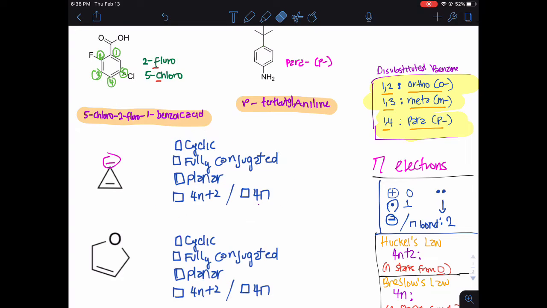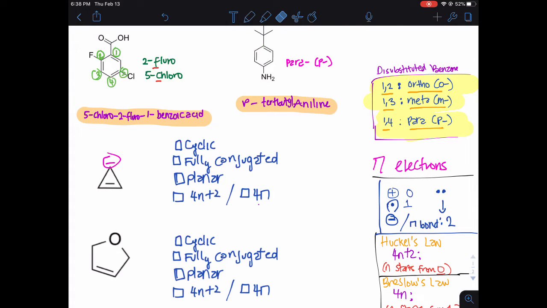Okay, so let's discuss that first. If something is cyclic, if it's fully conjugated, and it's planar, so if it meets these first 3 criteria, you have to check this last criteria. I think this works best if we do an example.